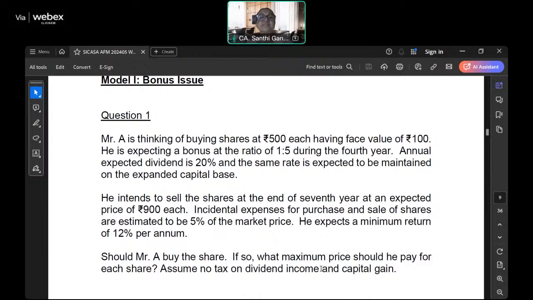The problem says at the end of 7th year, he can sell at a price of 900. But you have incidental expenses for purchase as well as sale at 5%. He expects a minimum return of 12% per annum, which is given as the required rate for the purpose of discount.